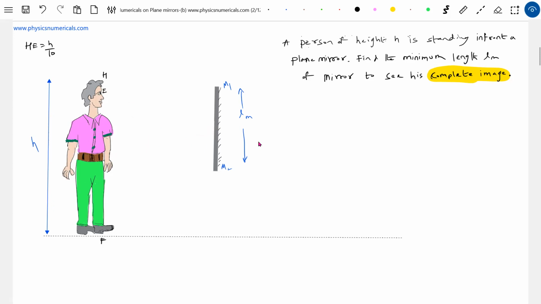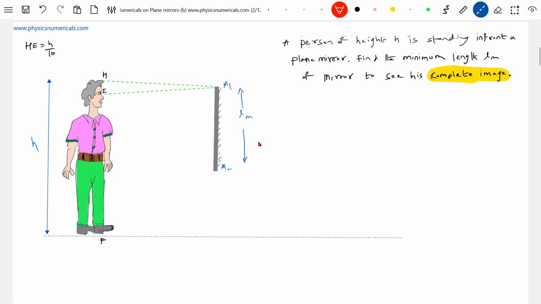Now we'll get into the ray diagram. The rays emitted by the head should enter the eye.